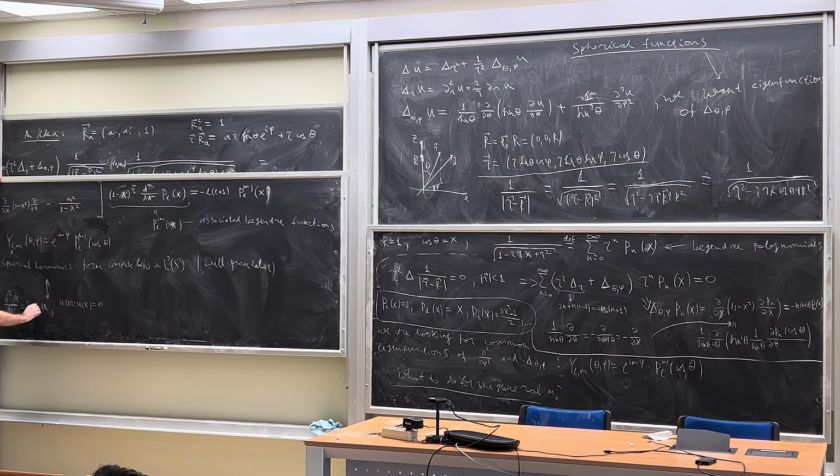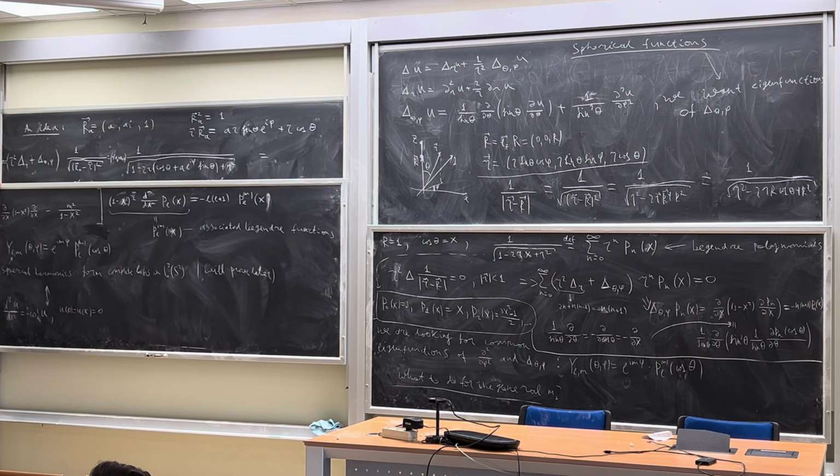Let us denote this omega as omega n. What are the possible solutions of this equation?